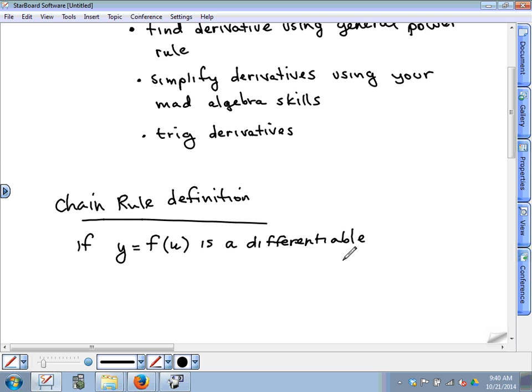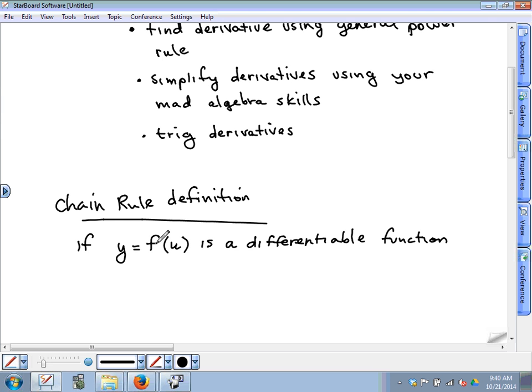Notice it's the boys who are snickering. What? Is a differentiable function. Come on, ladies. Is a different. Alright, we just got to start over.